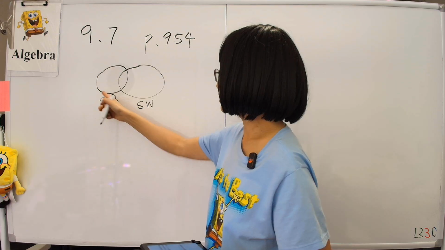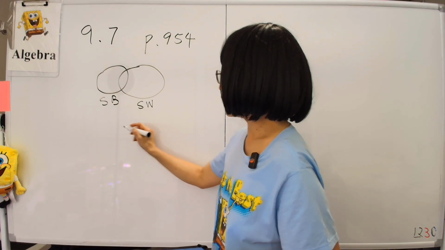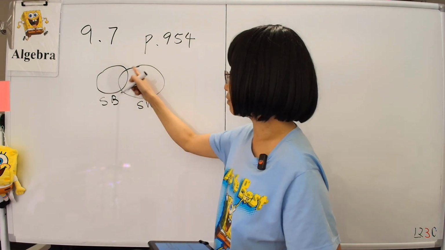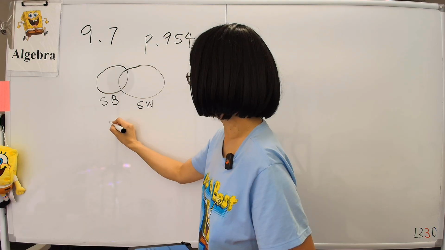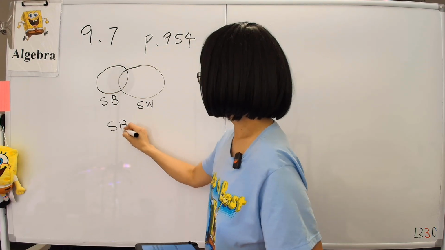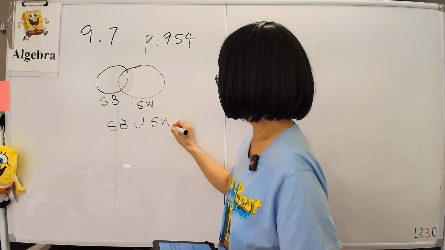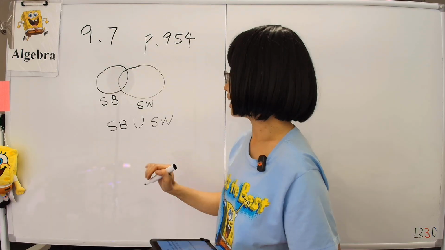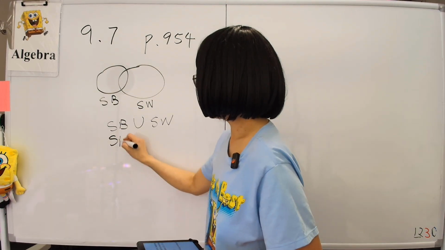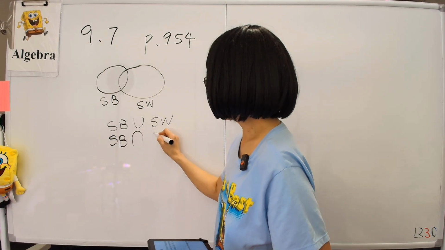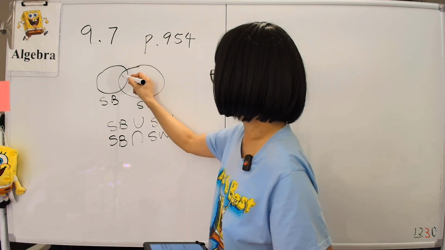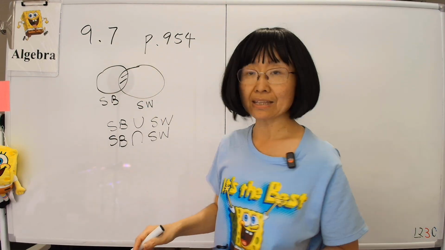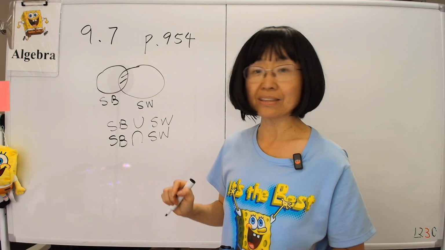So that is what's in common. All the people in both groups would be called the union. So SB union SW would be everybody here, whereas SB intersect SW would be only these guys right here. That is what the symbols mean.